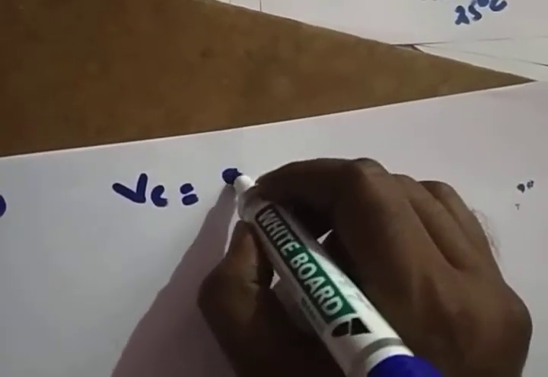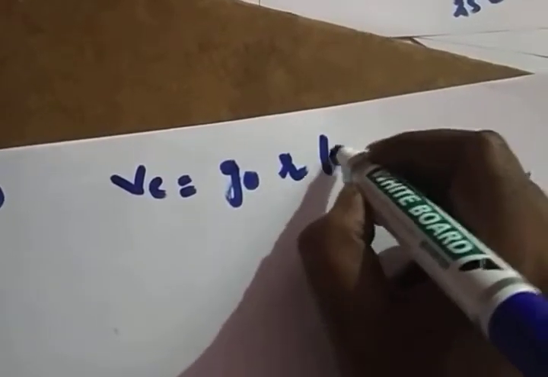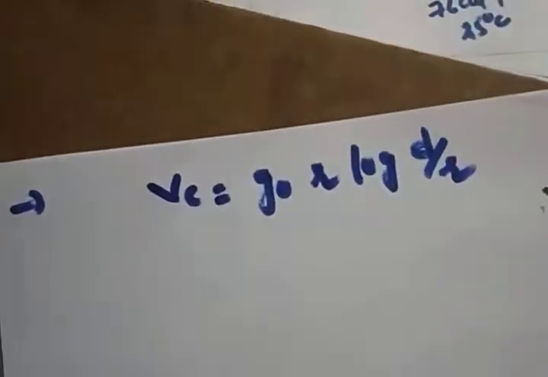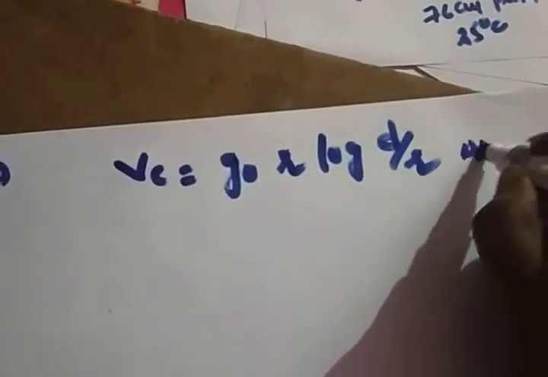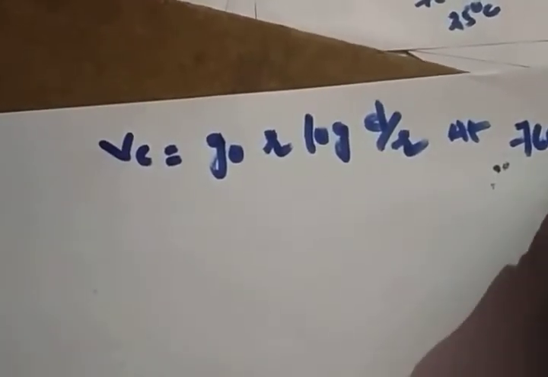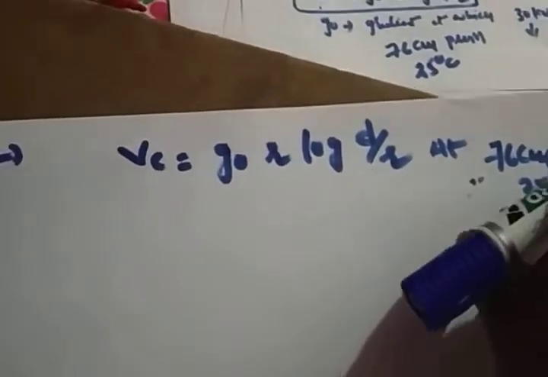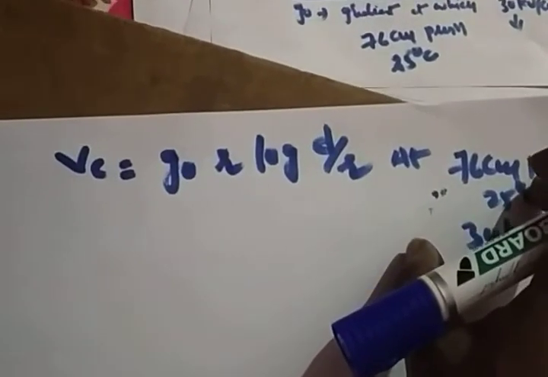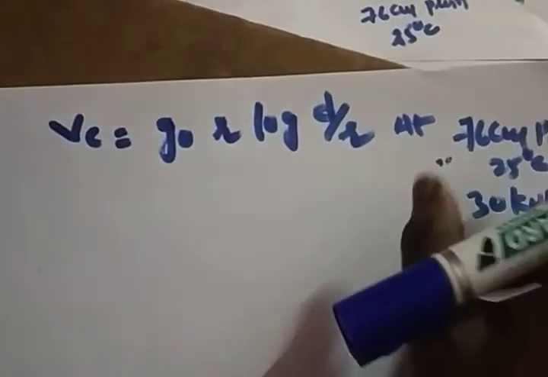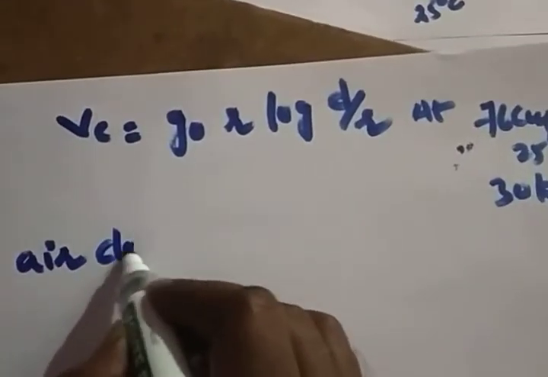So VC is equal to g naught r log d by r at 76 cm of pressure and 25 degrees centigrade, where your air will break down. But we don't always have this atmospheric condition, so beyond this we need to consider another factor called the air density factor.